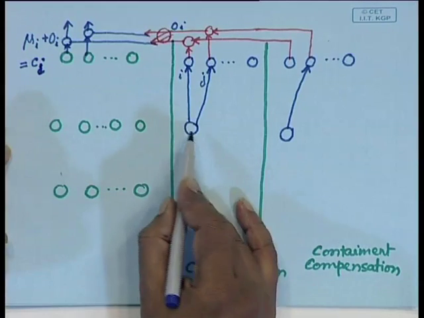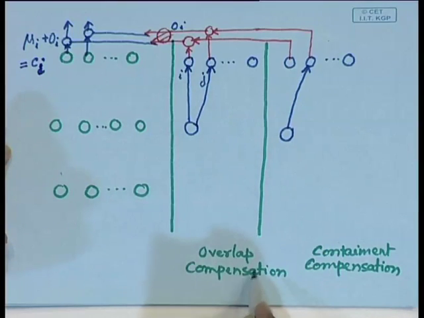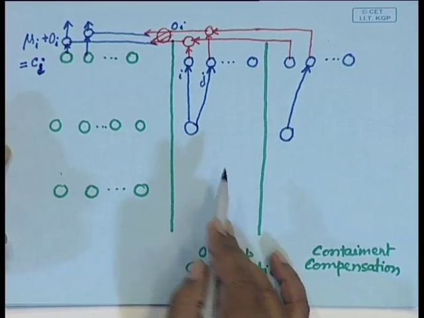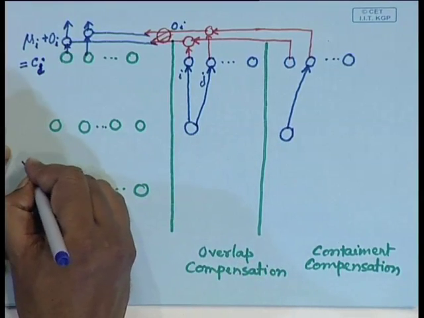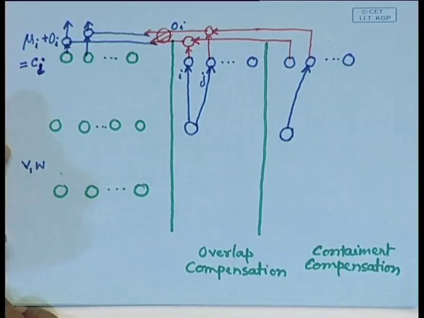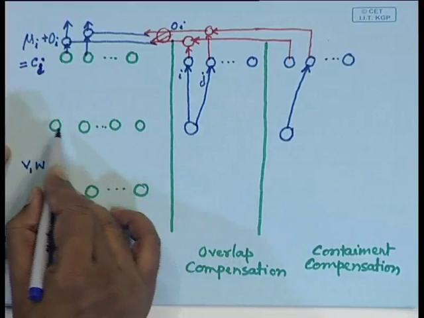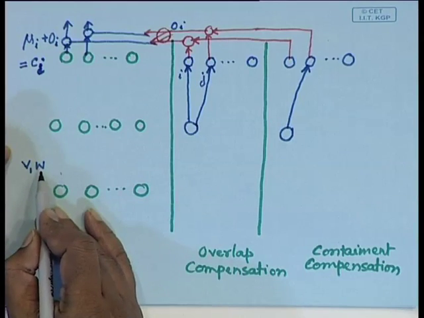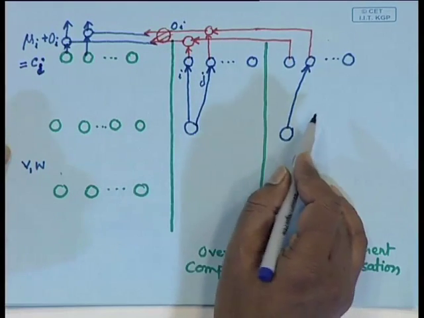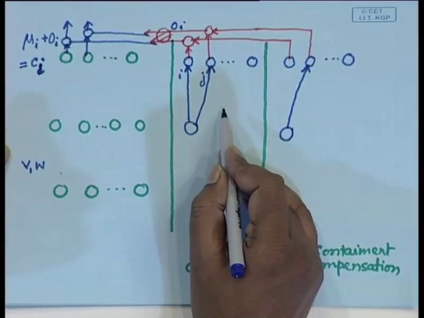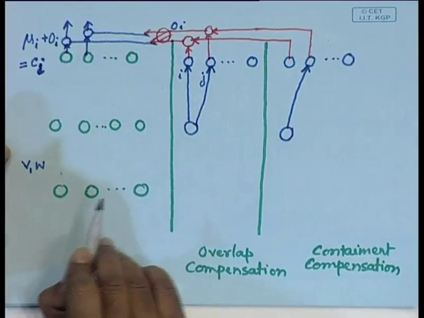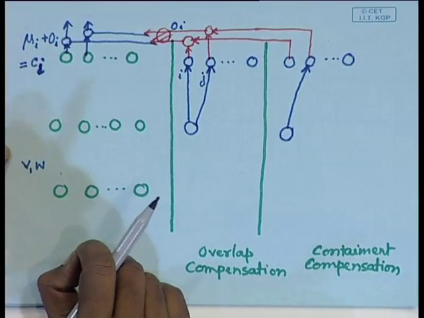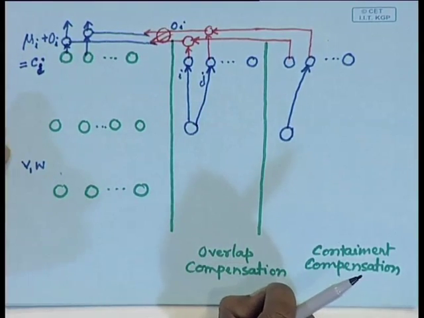Okay. So, when the compensation section neurons, whether overlap compensation or containment compensation, compute the compensation values, they will make use of the same V and W matrix, the min points and max points that we have generated for these hyperboxes. Okay. So, they will make use of the same min point and max point to compute the compensation, and this compensation will be computed only when an unknown feature vector falls within either the overlap region or the containment region.